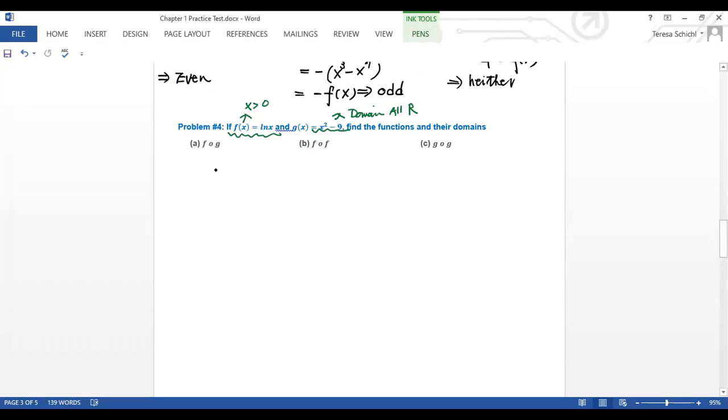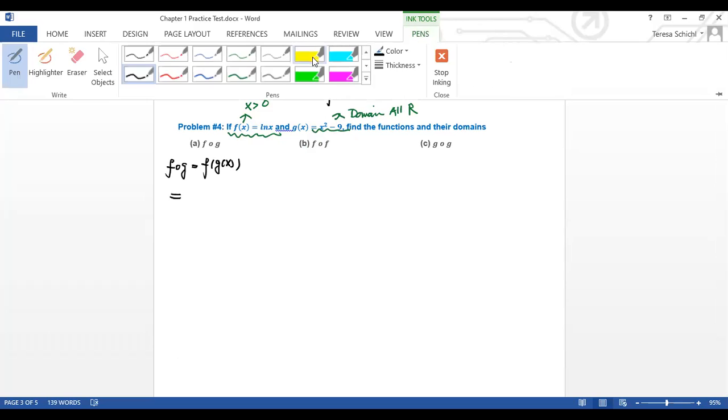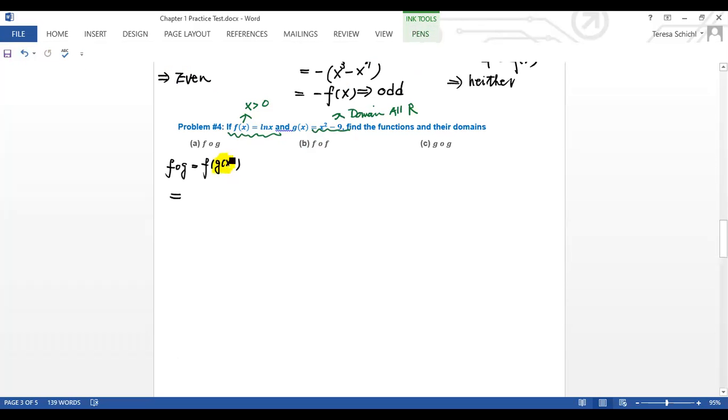Okay, so here, f of g of x. That means you replace whatever the function is here, right? Because this is f of g of x, you replace the x in f of x with g of x.